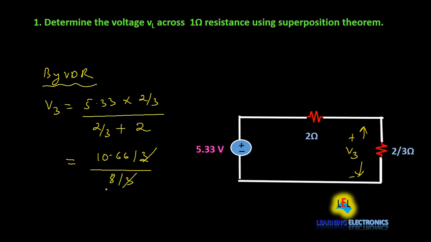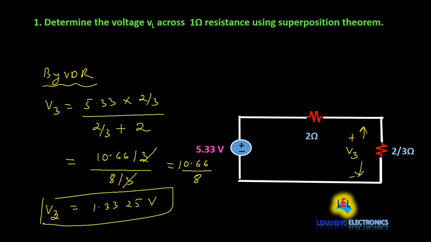This 3 and this 3 get cancelled out and we get 10.66 divided by 8. So when we solve this we get V3 is equal to 1.3325 volt. So this is the voltage across 1 ohm resistance when we have considered the 5.33 ampere current source alone. Let this be equation number 3.